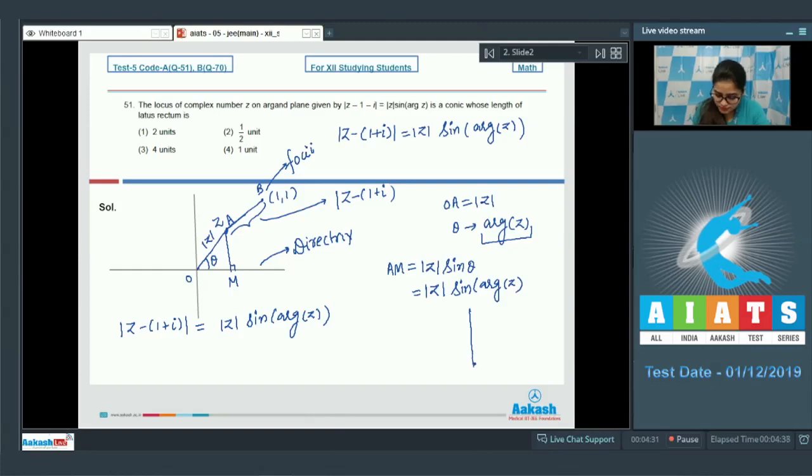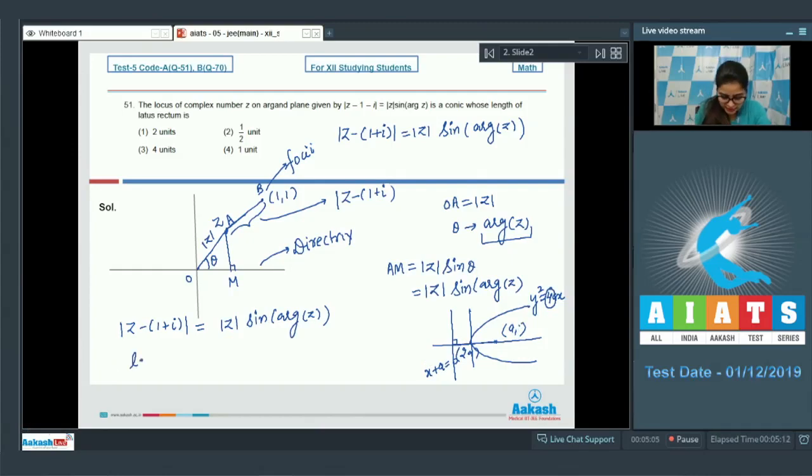So you know, suppose this is a standard parabola, this is the directrix, and this is the focus, for y² = 4ax, and this line is x + a = 0. So the perpendicular distance from the focus to the directrix is equal to 2a, and the length of the latus rectum is 4a.